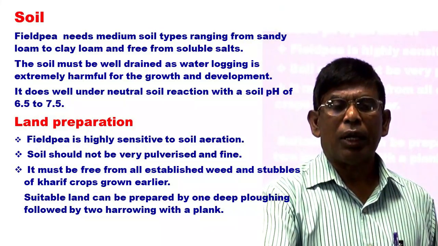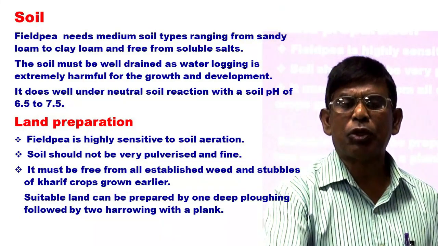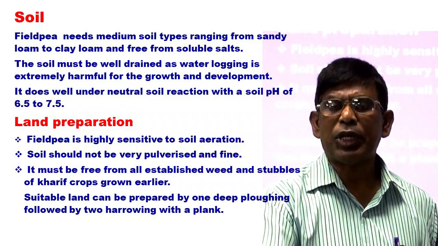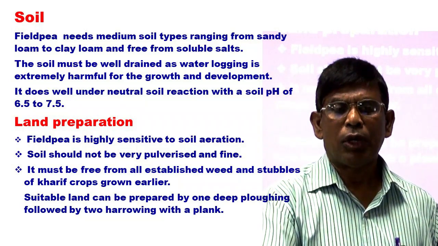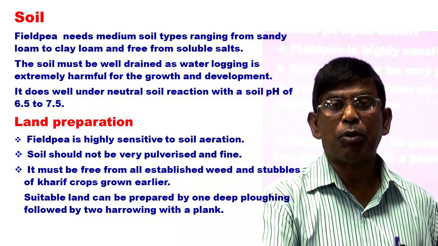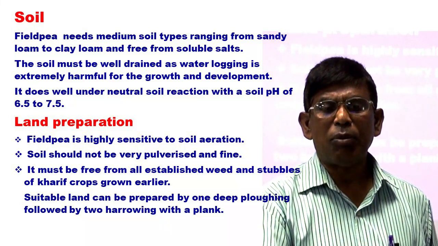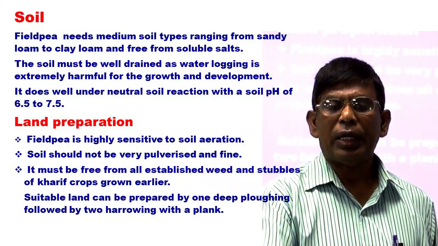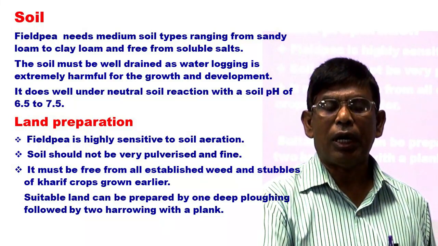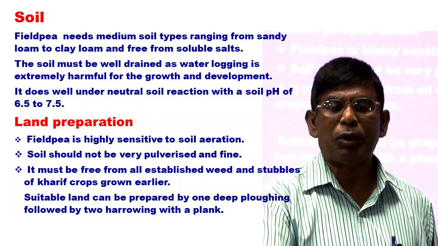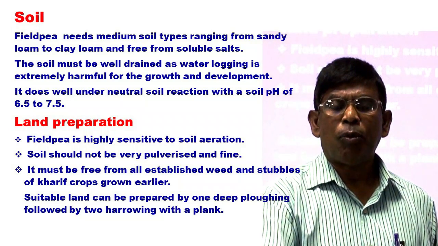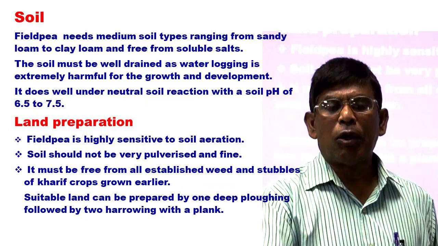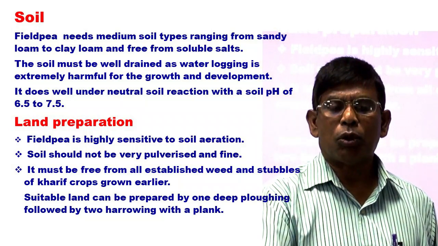Then coming to soil, it needs medium soil types ranging from sandy loam to clay loam, which should be free from soluble salts. The soil must be well drained, as waterlogging is extremely harmful. We have earlier discussed this, so waterlogging should be avoided throughout its growth period.